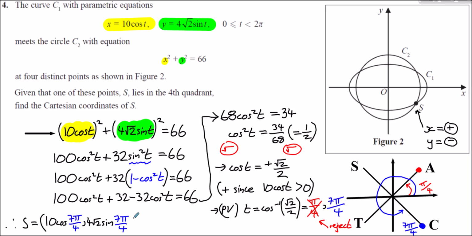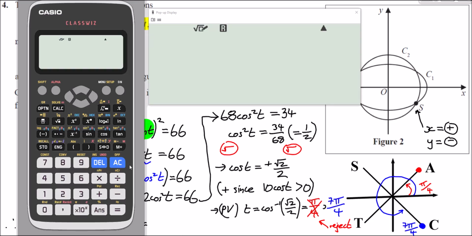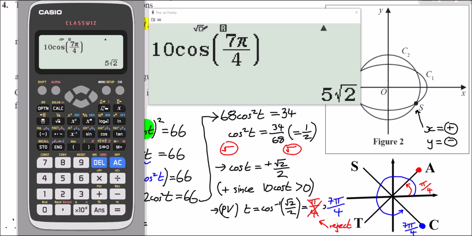And if you try that on the calculator, or are comfortable with your exact values, I'd suggest using a calculator to be fair, just to show you here. So we've got 10 cos 7 pi over 4 for the x value. So x is just simply 5 root 2.